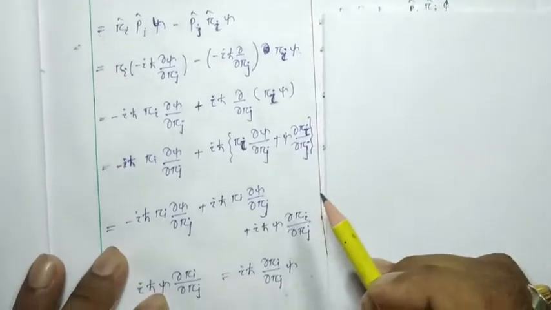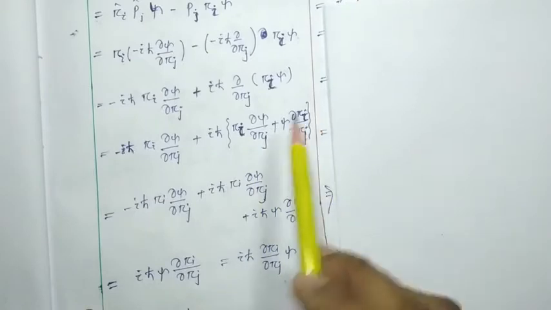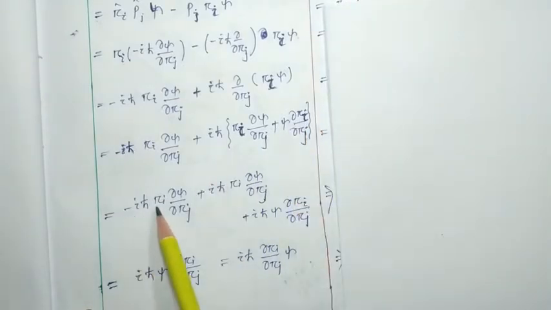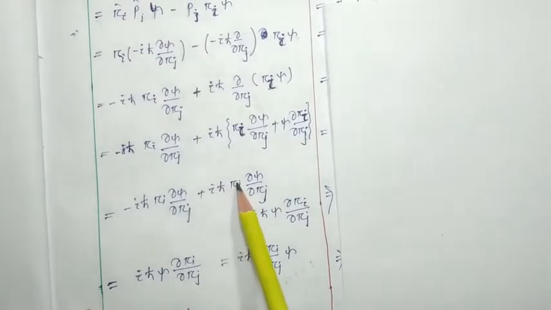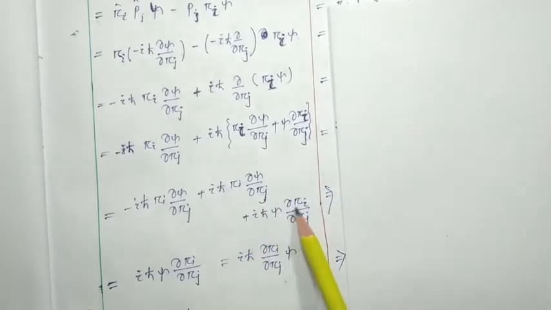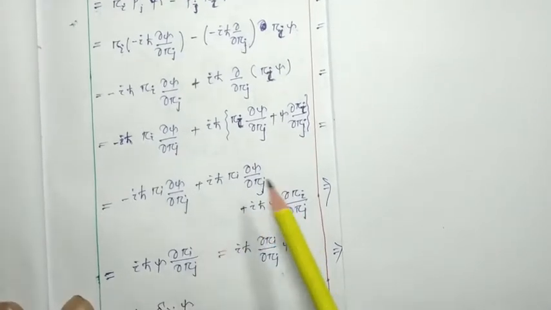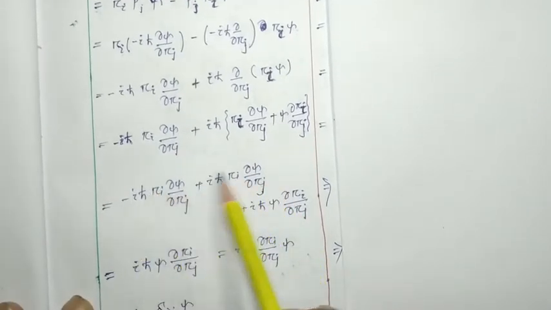Now removing the bracket we find minus i h cross Ri del psi by del Rj plus i h cross Ri del psi by del Rj plus i h cross psi del Ri by del Rj. Here two terms are common, but both have opposite signs. Here this term and this term are both the same.